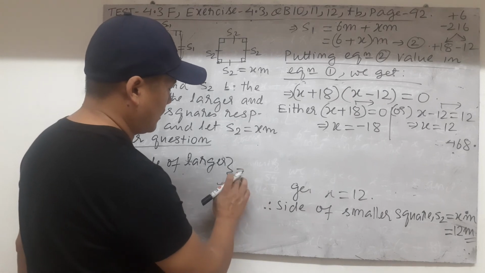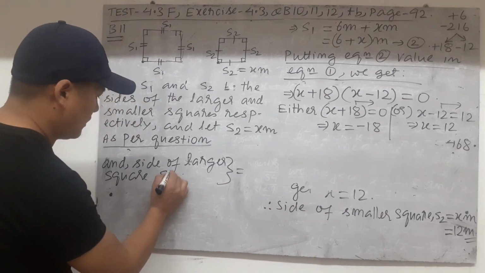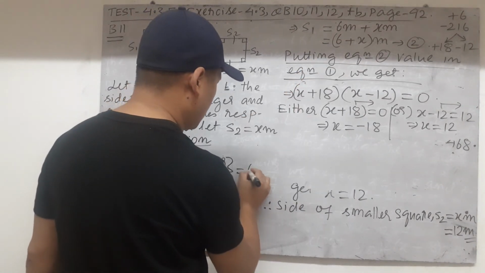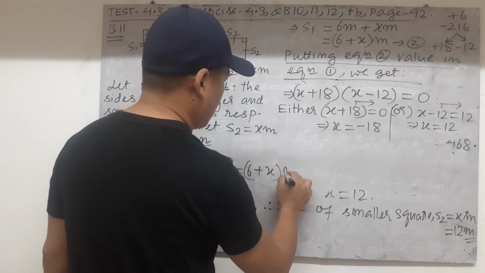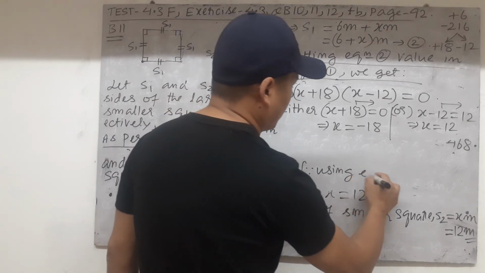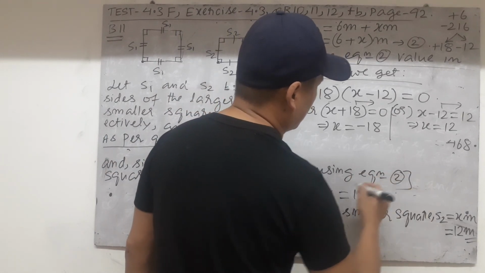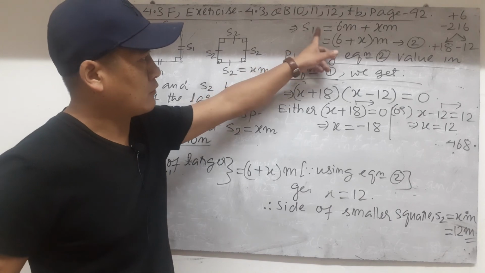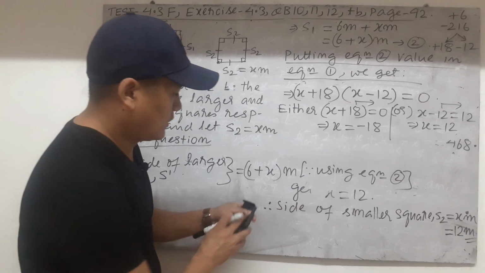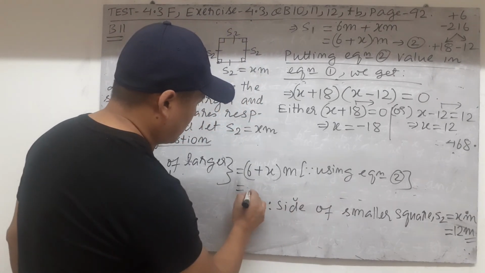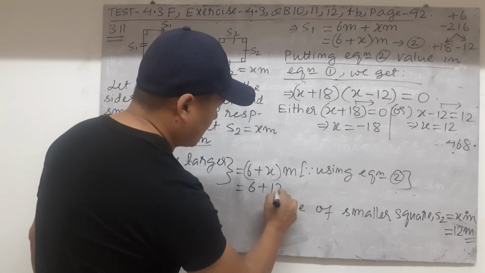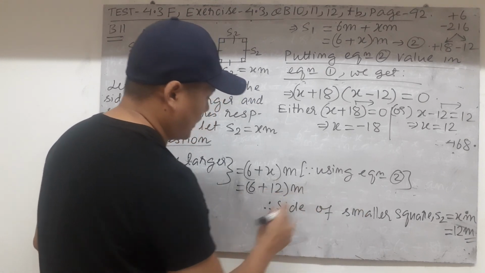Right here, S1. Okay, S1 is equal to 6 plus x meter, and you can write here, using equation 2, because equation 2 is expressed for side of larger, S1 equal to 6 plus x. So next, you're going to get here 6 plus x, accepted value as we wrote here, as you remember, is plus 12, so meter.